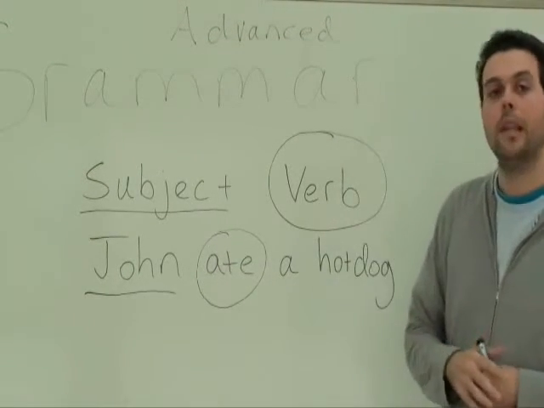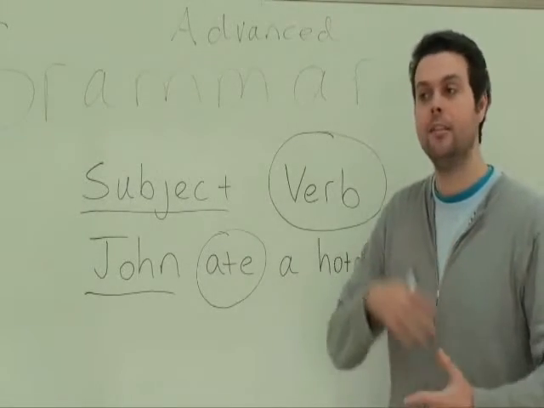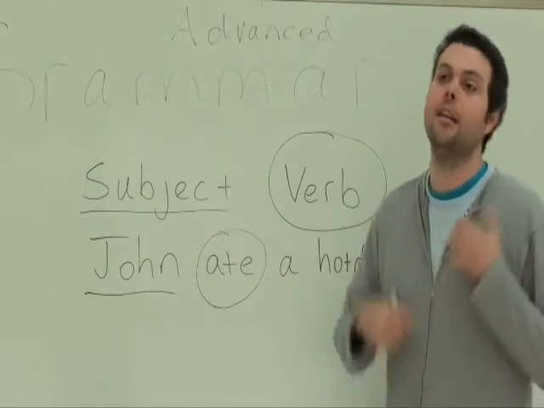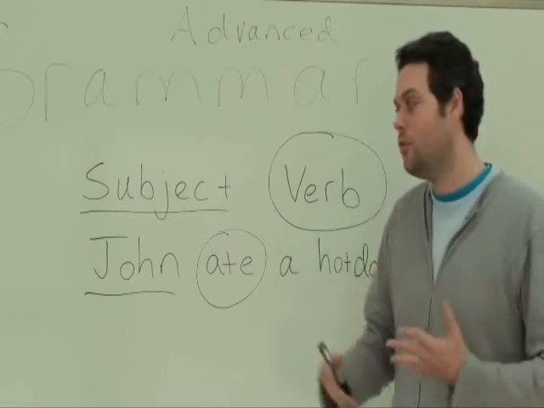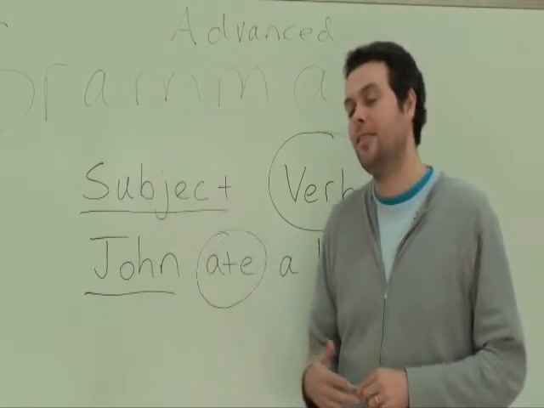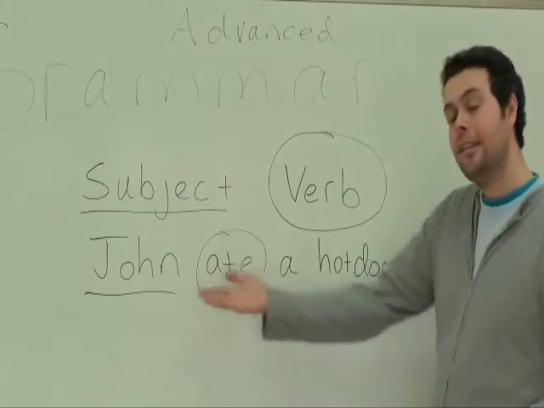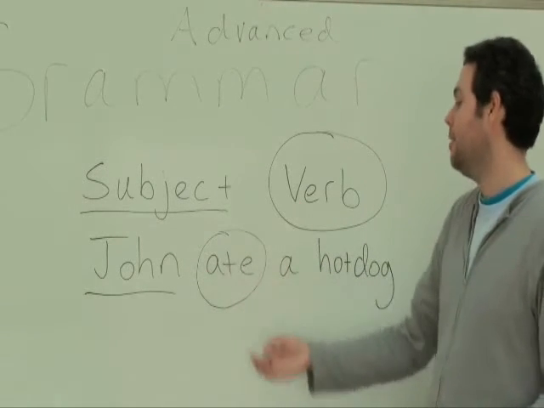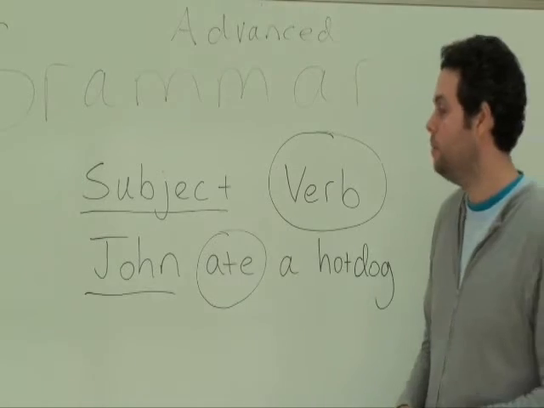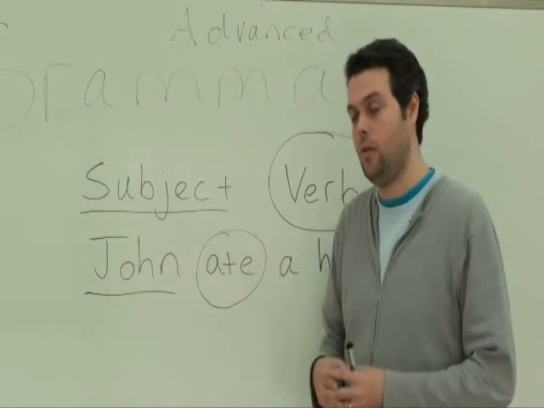The verb is your action word, and actions are moving things, like running, hiking, swimming, flying, the things you do. And the subject of the sentence is the thing that does the action. So in this sentence, John is eating. He ate a hot dog. Okay? And John and ate, they match. Okay?